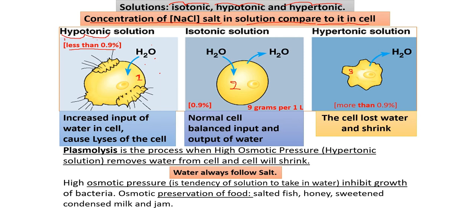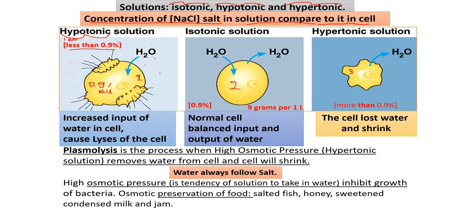Hypo means low, tonic. Inside of the cells, usually we have a salt concentration of 0.9%. We put cell 1 in this solution, with 0.9% sodium chloride inside of the cell, but we put it in a solution which is less than 0.9.